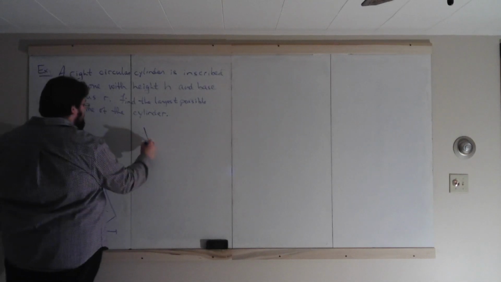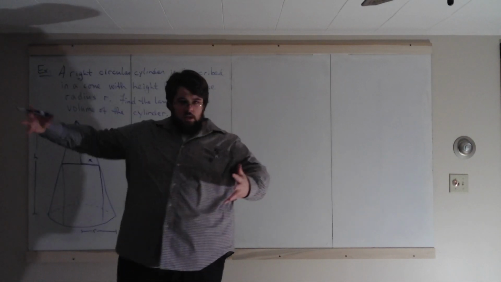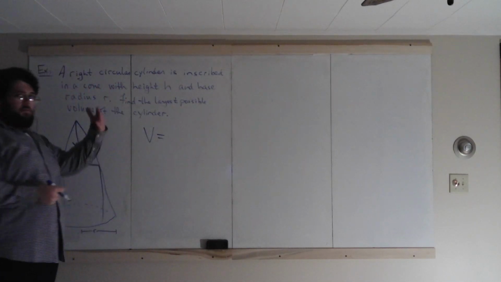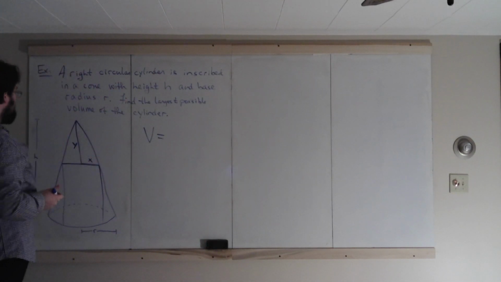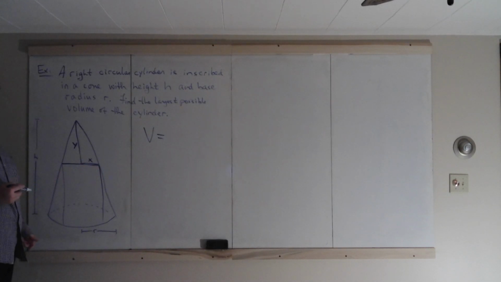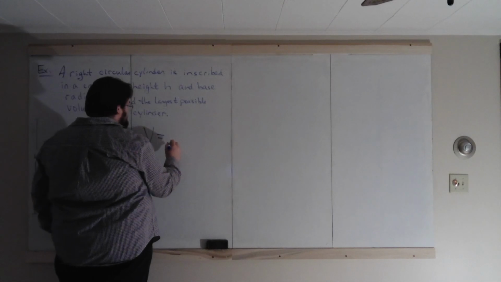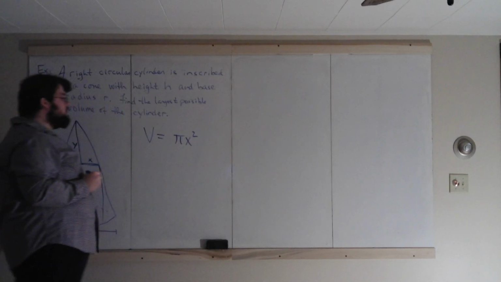What's the volume of a cylinder? Well, a cylinder is just a circle extended out. So it's the area of a circle, pi r squared, times the height of the cylinder. The radius of the cylinder is x. So the area of the circle portion of the cylinder is pi x squared.